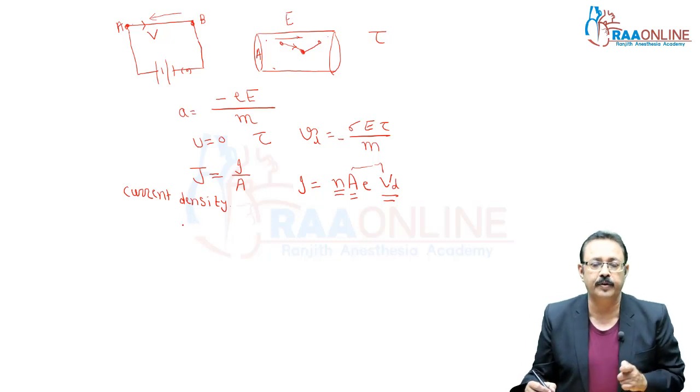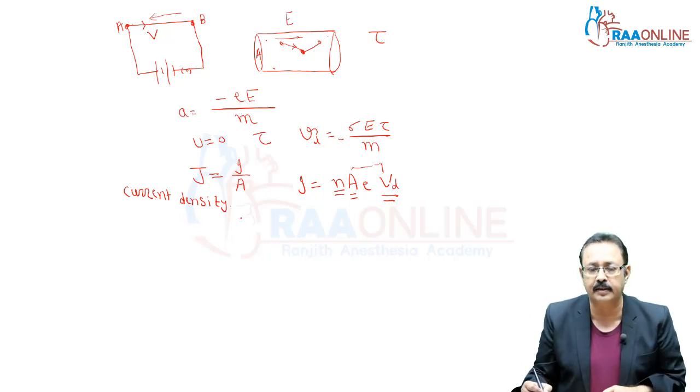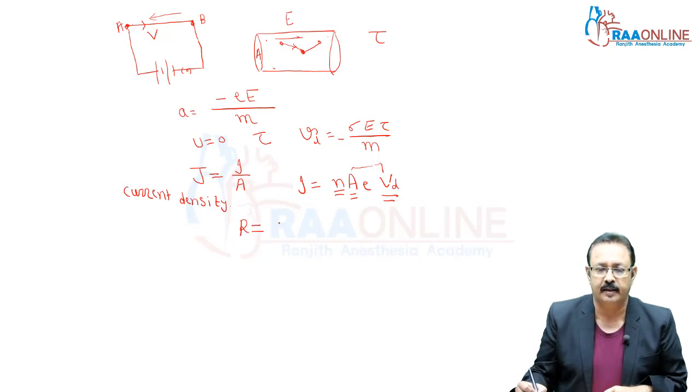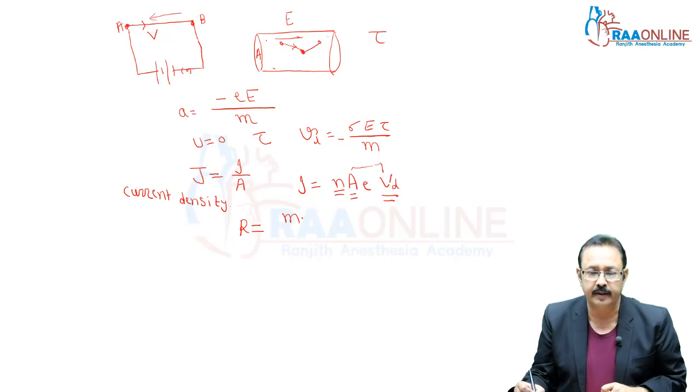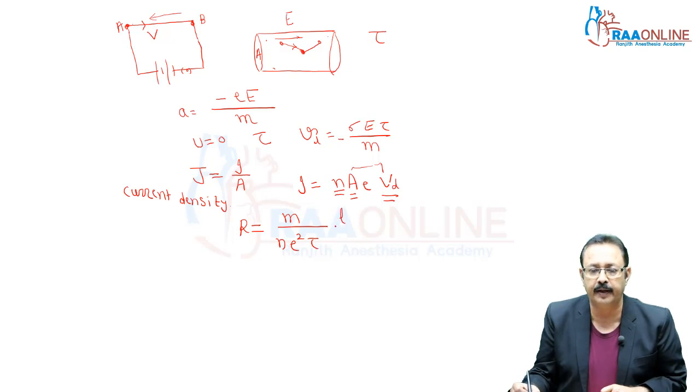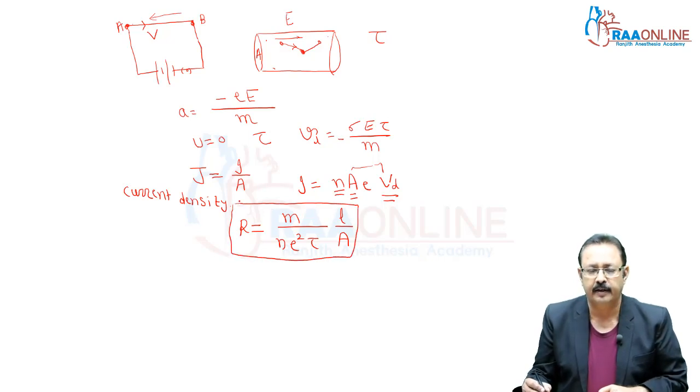You know that when you did the derivation in your 12th class, you found that resistance was m upon ne squared tau into L by A. In the derivation, we find this expression for resistance.